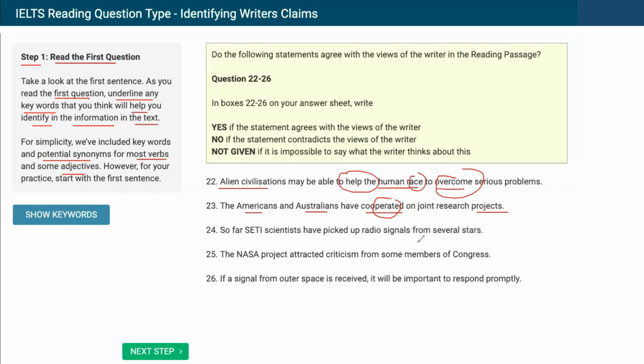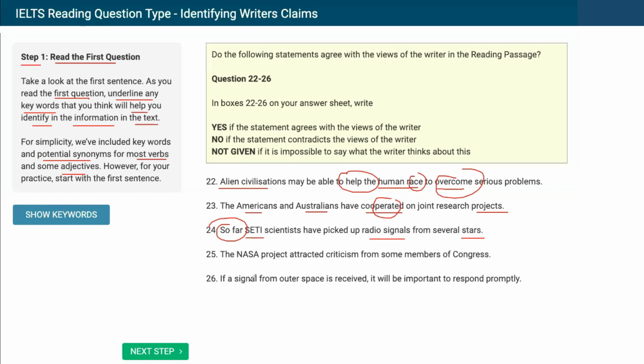So far, SETI scientists have picked up radio signals from several stars. In this case, I would say SETI, as it's very specific, radio signals and stars. Again, several and scientists, this is something that we'll look for when we skim. And so for synonyms, another way to say so far could be up until this point or until now, for example. That would be good.